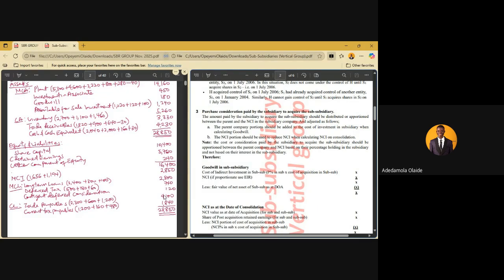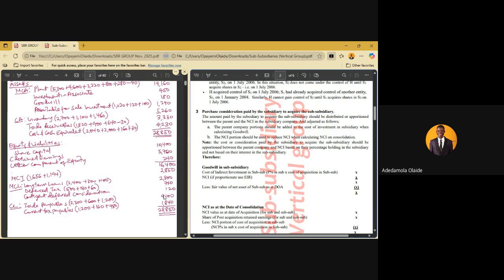Then we bring NCI using the effective interest rate. Like the example I gave before, if the effective interest rate is 48%, the NCI will be 52%. So we calculate 52% of the net assets. Then we now less the fair value and get our goodwill as we normally do it.